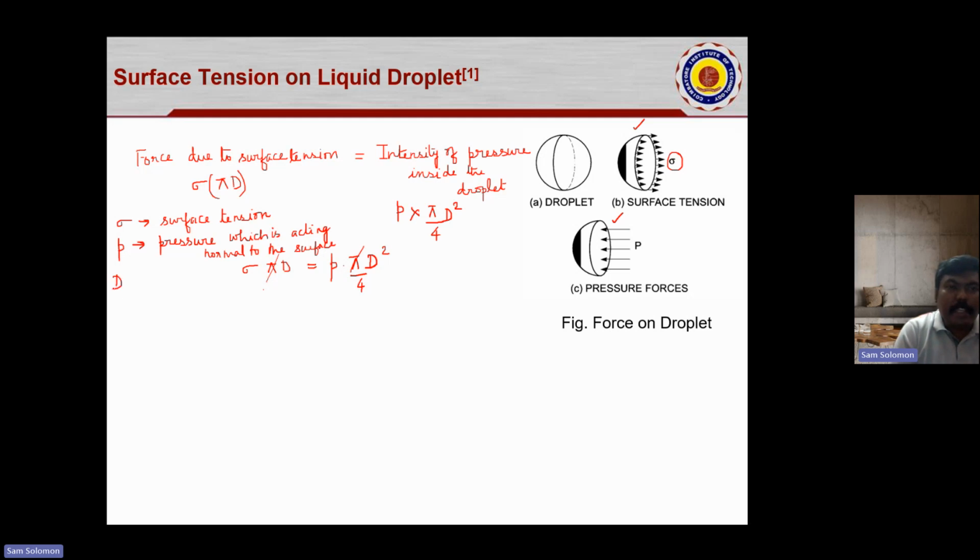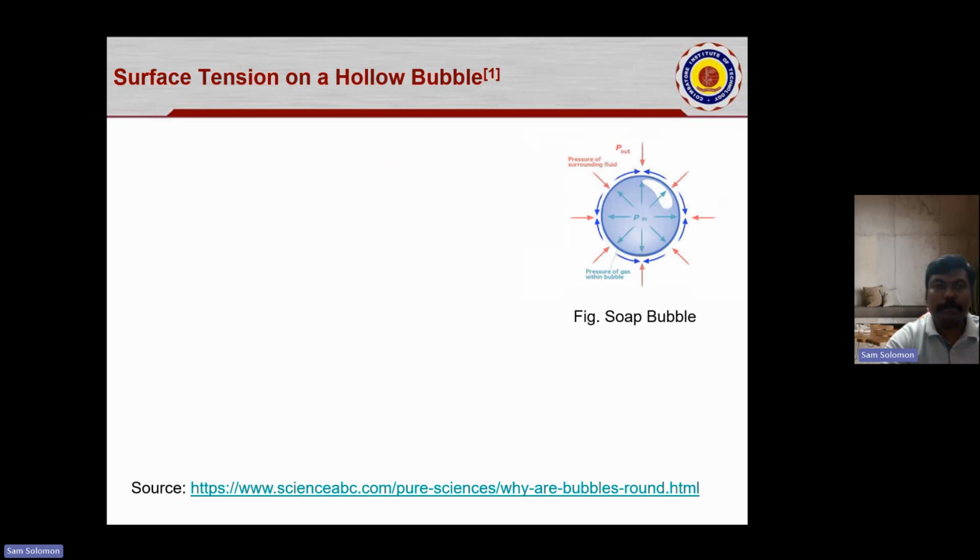And then capital D is the diameter of the droplet that is considered. So if I cancel out one of the D over here, my pressure P is going to be 4 times sigma divided by capital D. So this is the relation that we get for a droplet.